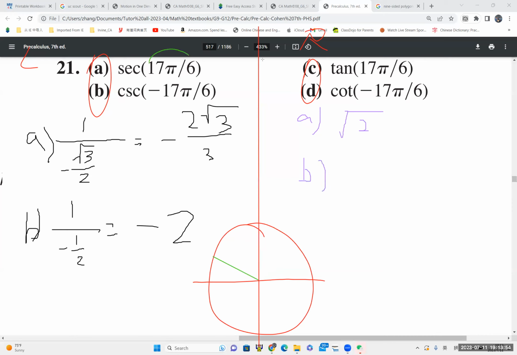If we call this theta, and I call this alpha, then how about alpha? I'll use a different color. It's about here. So this is related to theta prime, alpha prime.